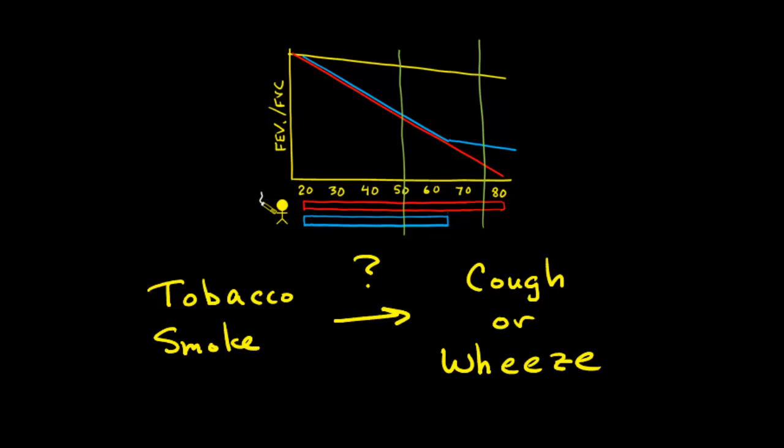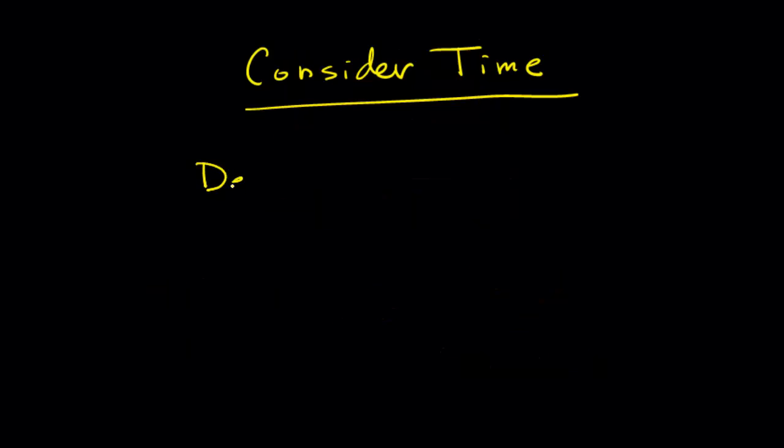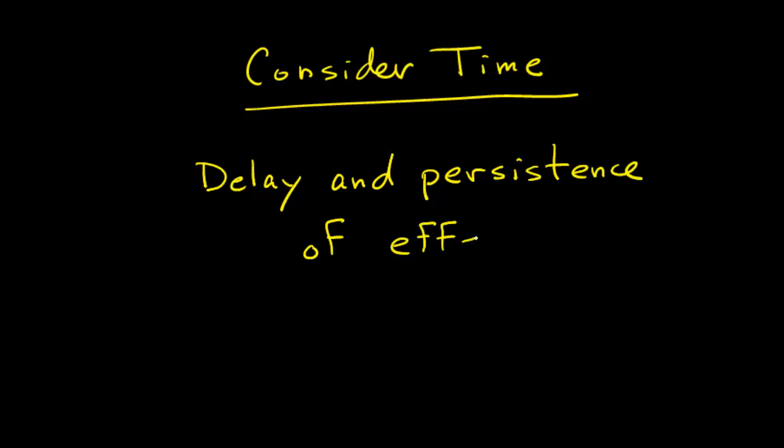So for something like that, actually cotinine might be a very good measure, because for cough and wheeze, what you want is a more recent exposure. An exposure that happened farther back in time is not going to have any more effect on the risk of cough and wheeze. The overall point here is that you need to consider how the exposure and the outcome act through time for a person in the population who has average susceptibility to the exposure.